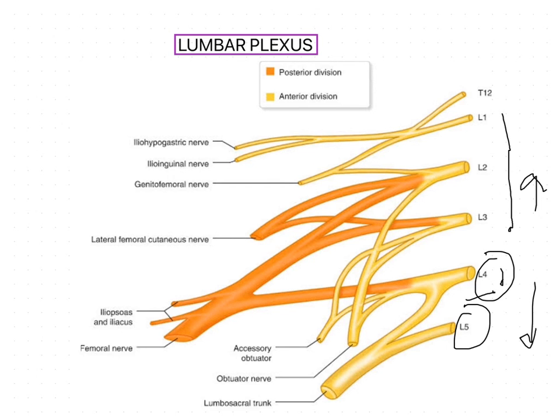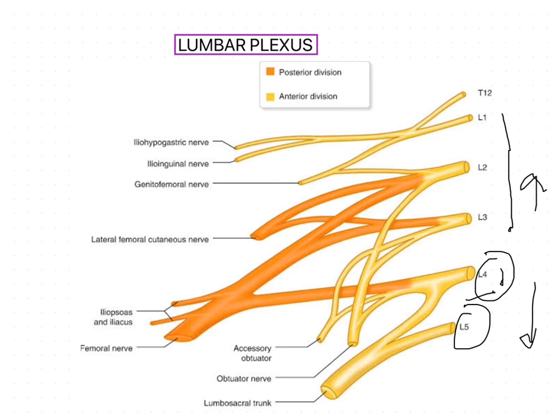If you see the situation where this lumbar plexus is located, the lumbar plexus is situated within the substance of the psoas major, that is on the posterior aspect of the psoas major muscle.